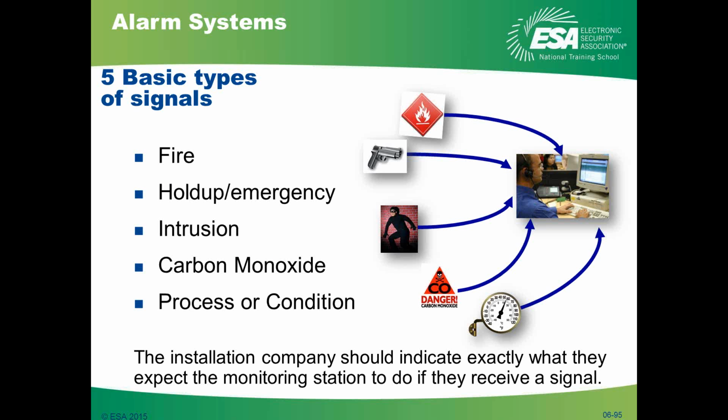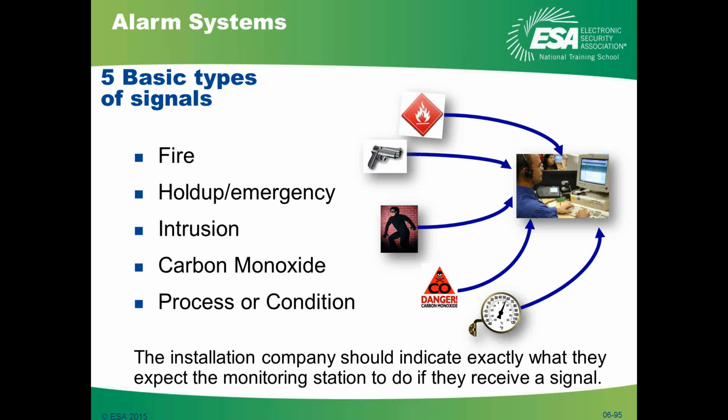One change we've added here is the 5 basic types of signals. You'll see that we've added carbon monoxide in here. Carbon monoxide is starting to be required in some areas of the country. And we used to send it as a fire signal, and it can't get sent as a fire signal.